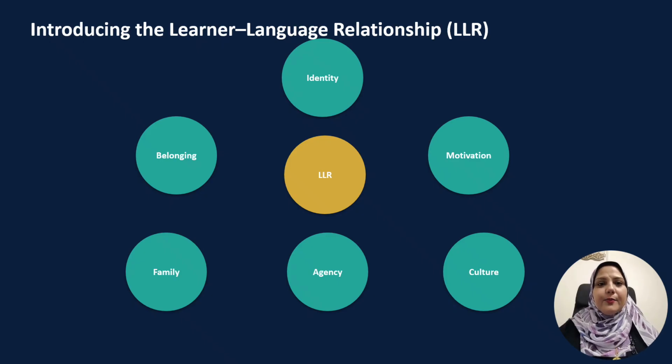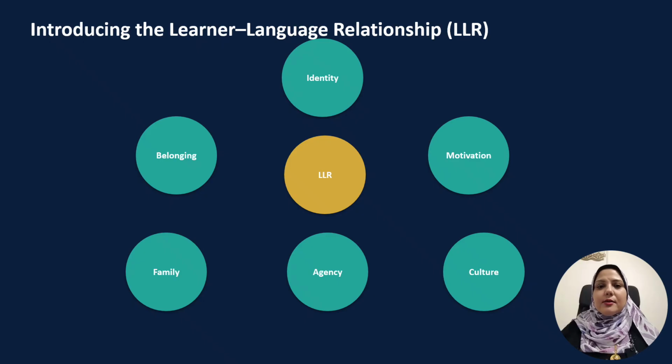As an example, this relationship is shaped by several interconnected dimensions, including identity, belonging, family, culture, motivation, and learner agency. These dimensions do not exist independently. They interact continuously and influence how learners engage with Arabic, participate in the classroom, and make meaning from their learning experiences.